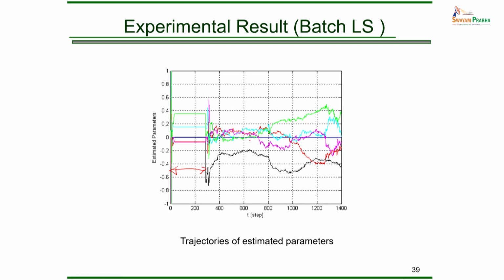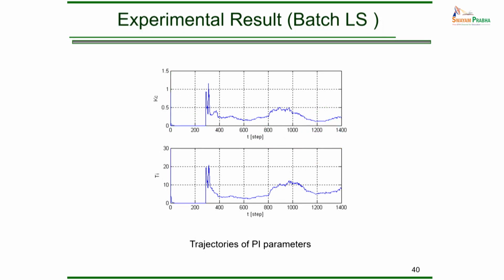Once you turn it on, here are the results, and what you notice is the variance of the estimated parameters is quite high. You may not want something like this. Here are the changes in the controller gains and the integral time constant using the newly estimated parameters.